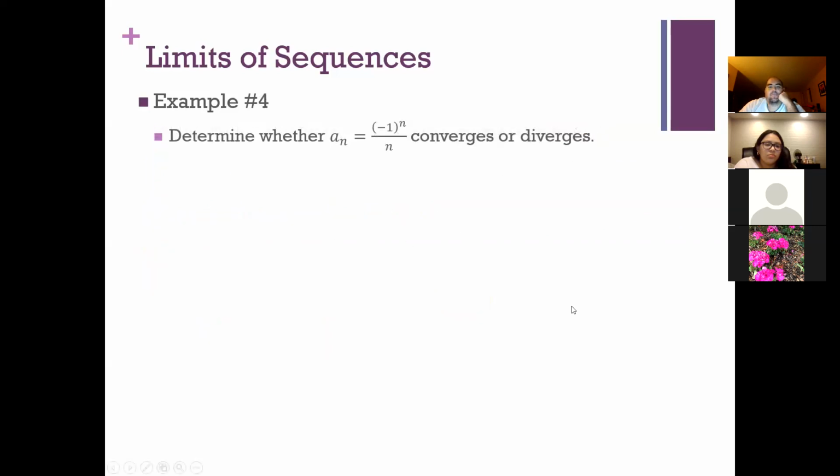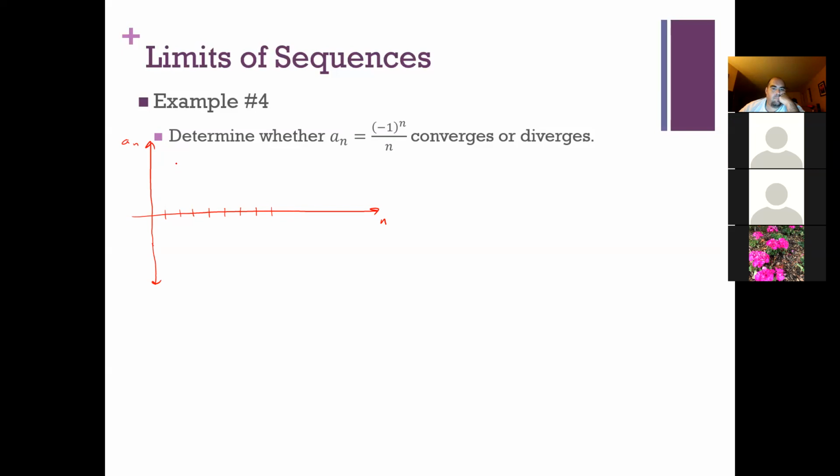How about this one here? (-1)^n over n. What do we think about this one? Does it also diverge since the numerator diverges?